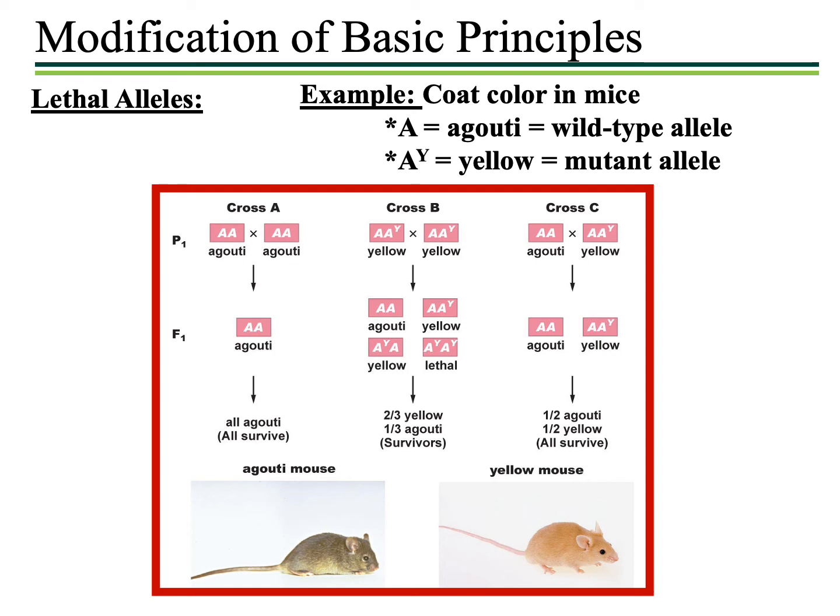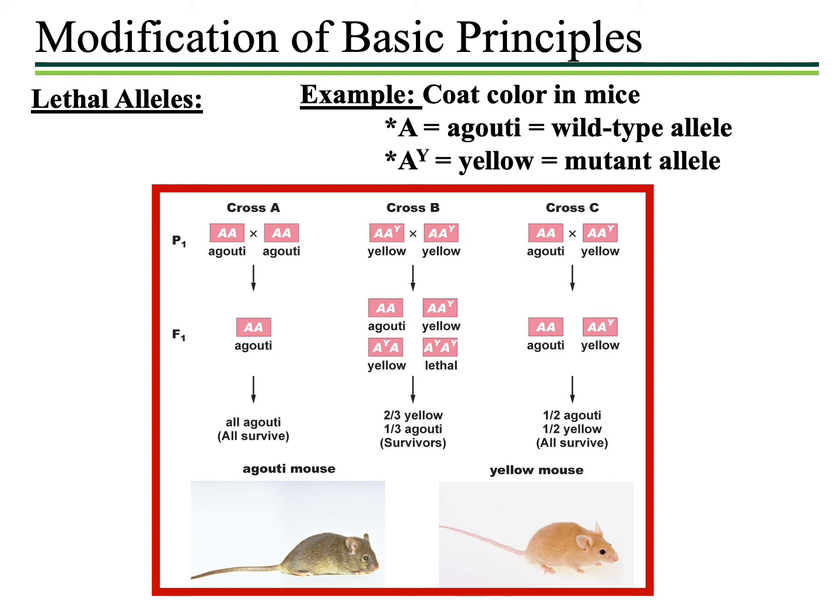In cross B, if you have individuals who are heterozygous in genotype, but yellow in phenotype, and they are crossed with one another, the outcome that you would expect would be 1/4 homozygous agouti, 2/4 heterozygous yellow, and 1/4 homozygous yellow.